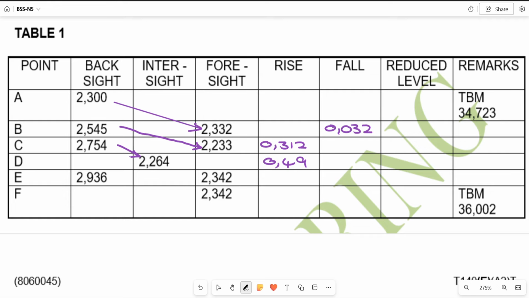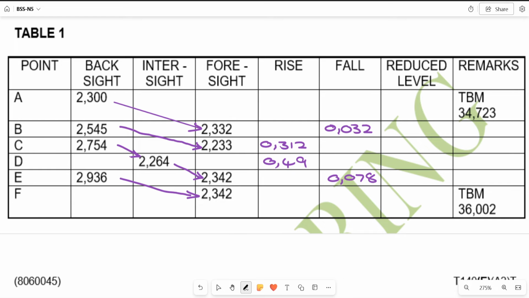Right, and what else can we do? Now, for the next point, we have the intermediate side and the foresight. So we say 2.264 minus 2.342, and we are going to find out that the answer is negative, so it's going to be a fall, which is 0.078. We are not done. We have this to answer.